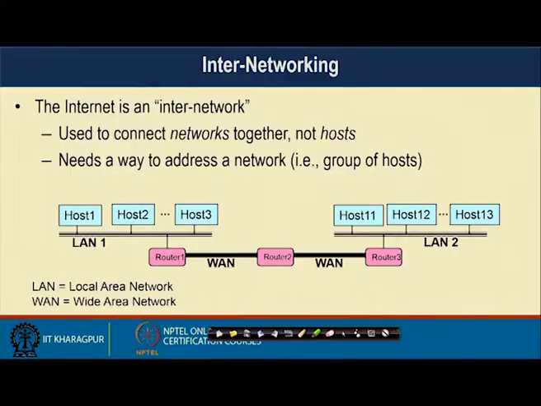That means, if I am going from one network to another, I should be able to know the address of the network. As we have discussed in the initial lectures, this network layer is responsible for routing.